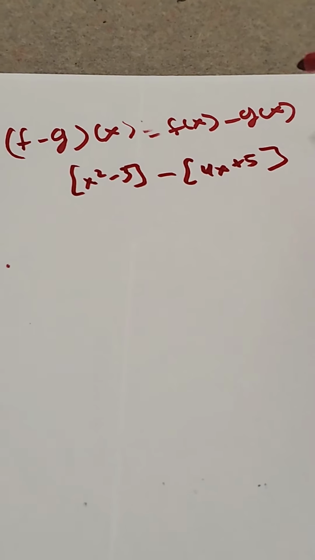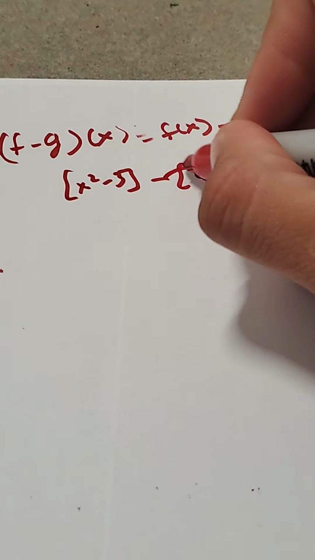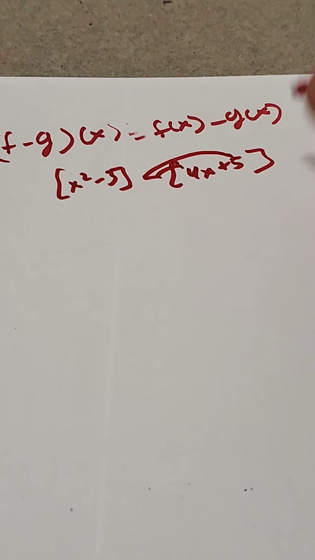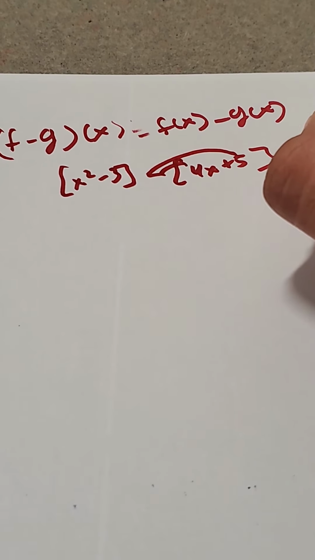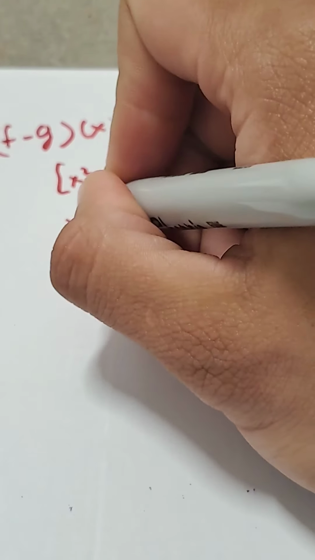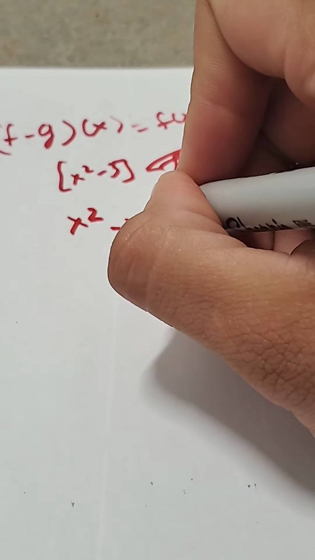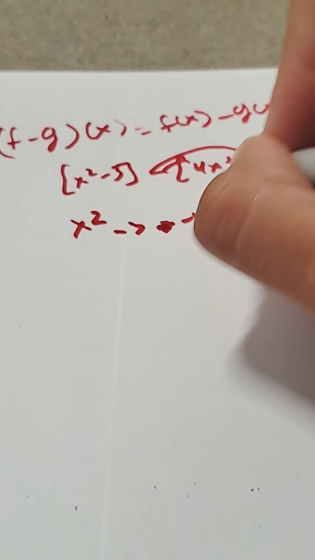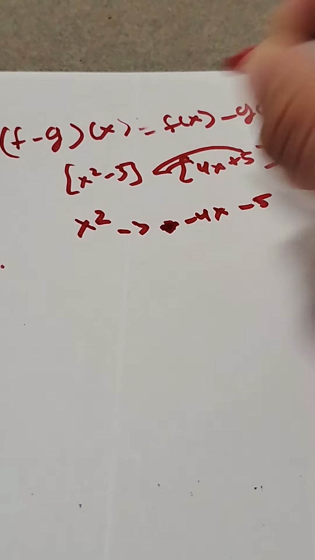All right, applying the distributive property, we distribute the minus. Be careful to distribute the minus every time before you guys add and combine like terms. That's where a lot of people go wrong. X squared minus 3 is equal to minus 4x minus 5. We combine like terms.